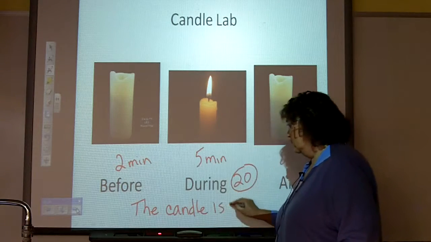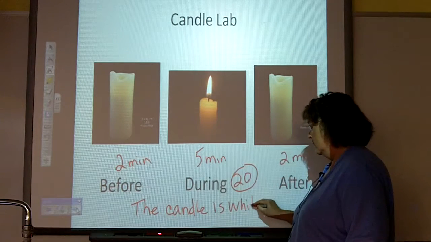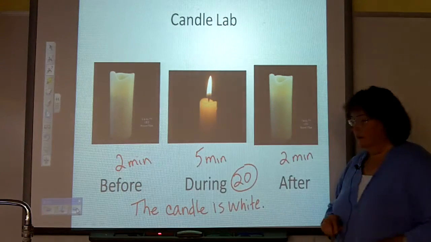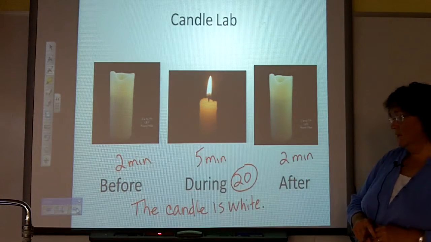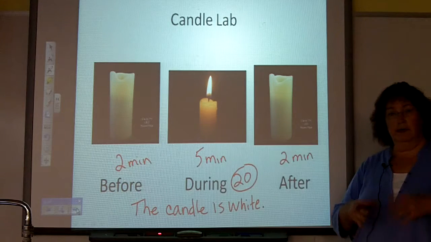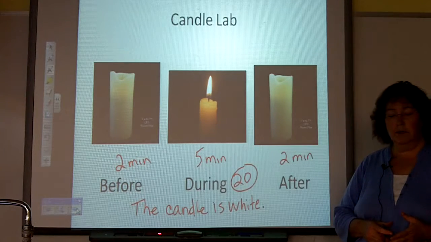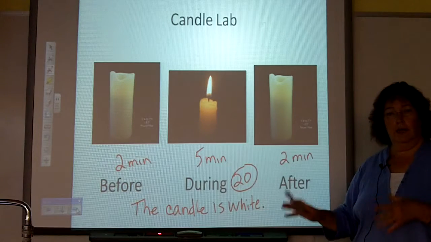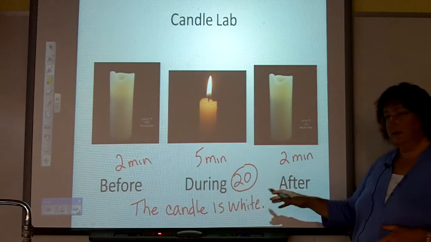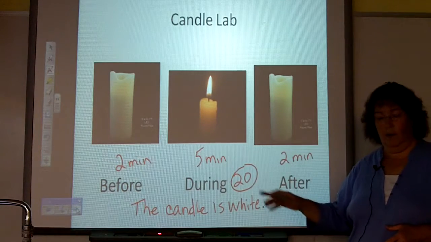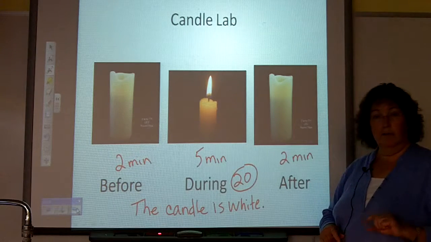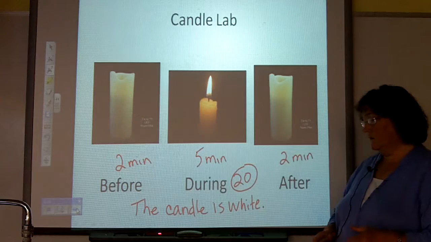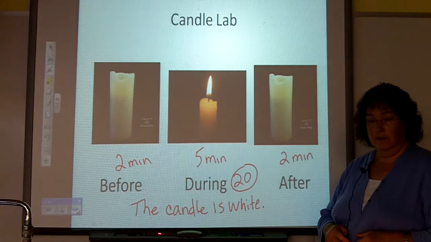The candle is white. So notice that this is a complete sentence. Do not say things like "it is white," because someone reading that statement does not know what it is. So you have to be specific. The candle is white. Because I might think you're talking about the flame or the wick. So you have to say the candle is white.